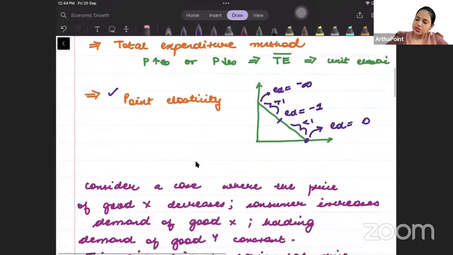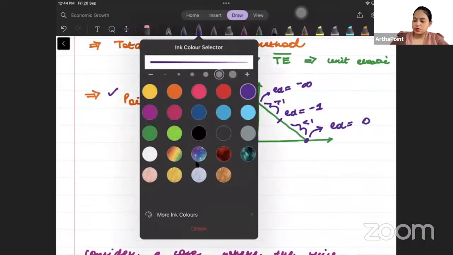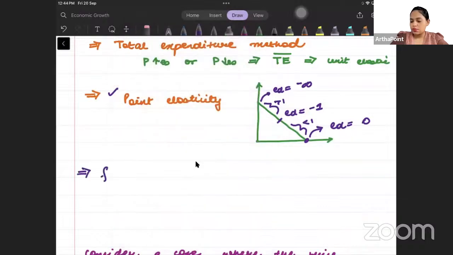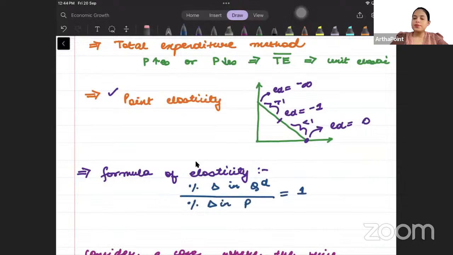Method number 3 is very simple, that we use the formula of elasticity. And what's the formula of elasticity? We can say percentage change in quantity demanded due to percentage change in price is equal to 1.